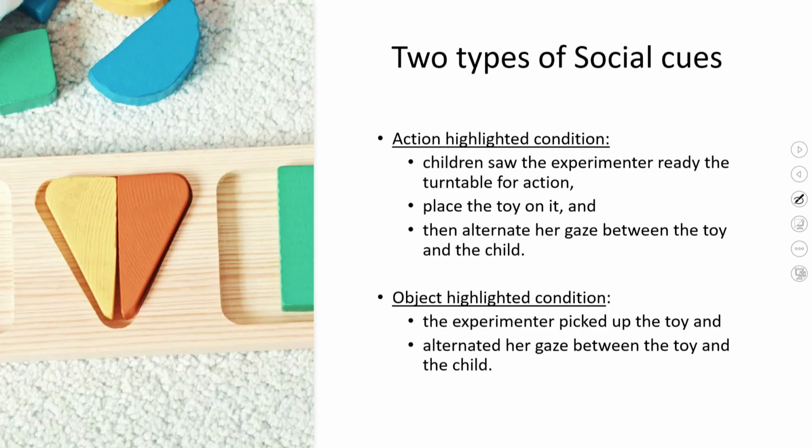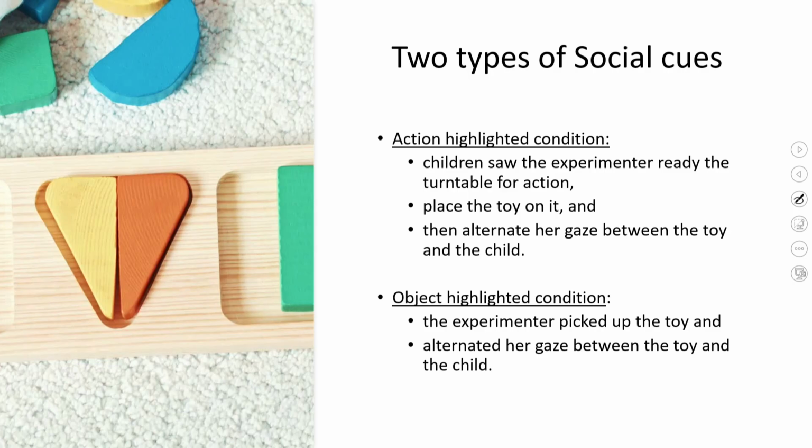So, she was making the toy ready for playing, then looked at the toy and looked at the child, and then said the sentence, widget or widget. In the object highlighted condition, this was a different kind of condition, where the experimenter picked up the toy and alternated gaze between the toy and the child and simply said widget or widget.